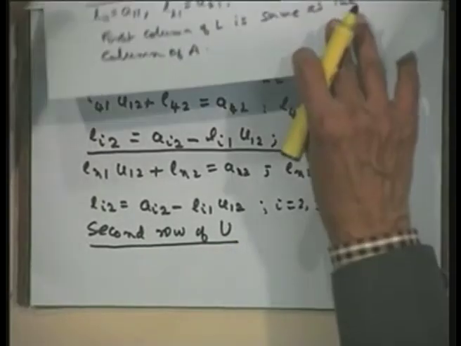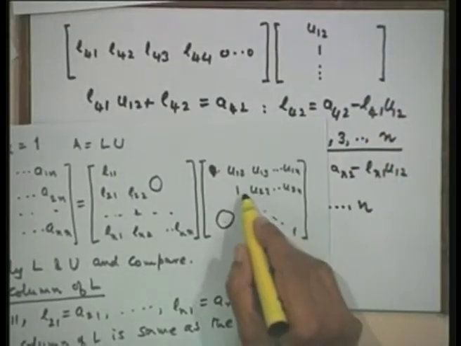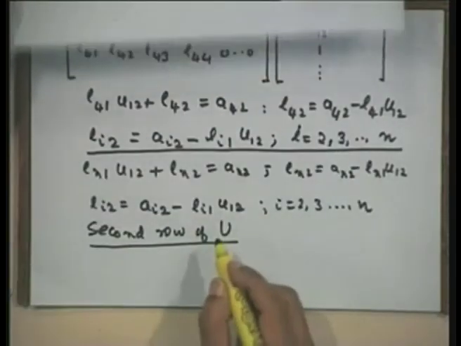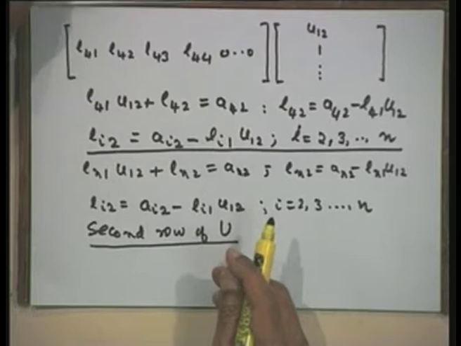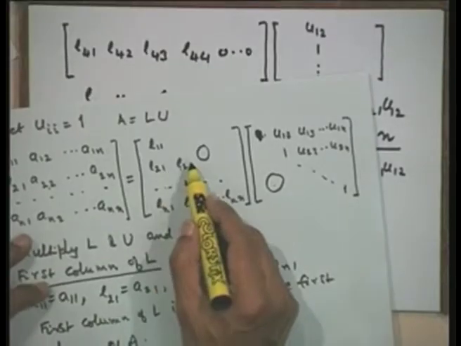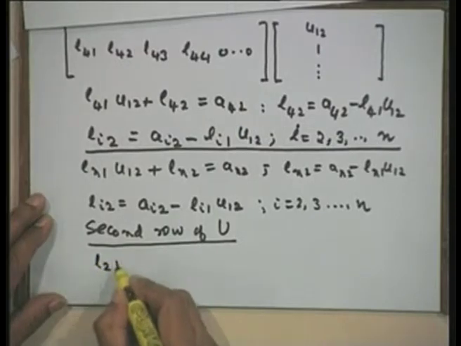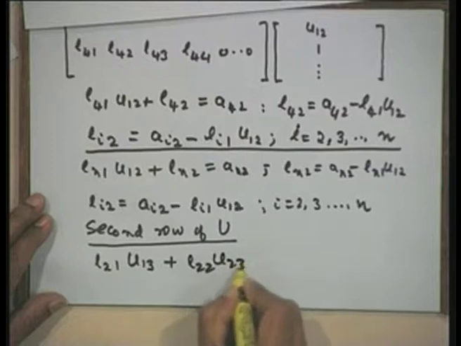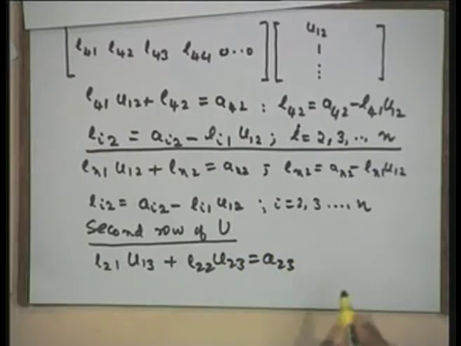That means, I would now like to find out what will be the elements of this second row, that is U23 so on up to U2n. Therefore, I now multiply the second row of L and third column of U, which gives me L21 U13 plus L22 U23 is A23.